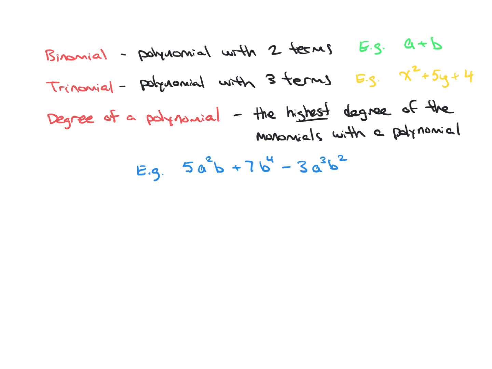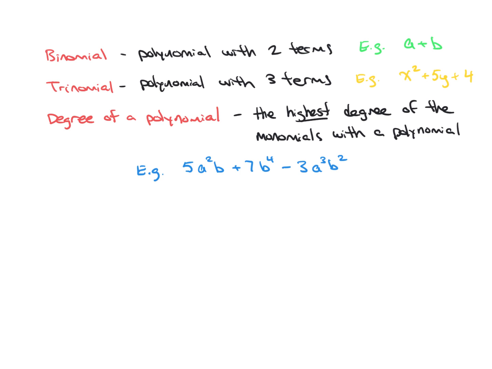Just to review some terminology, this is a polynomial because it has 3 monomials. The coefficients are positive 5 for the first term, positive 7 for the second term, negative 3 for the third term. The variables here are a and b. And this is a trinomial because there are 3 terms.